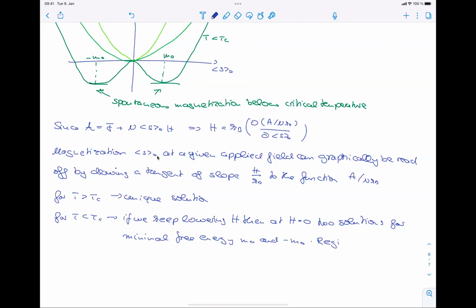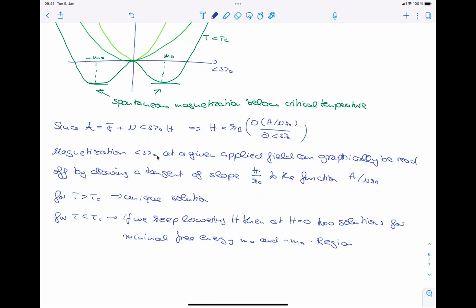And so what this tells me is that both are equally likely, right? So I will have both regions of magnetizations of M naught and minus M naught being present at equilibrium.